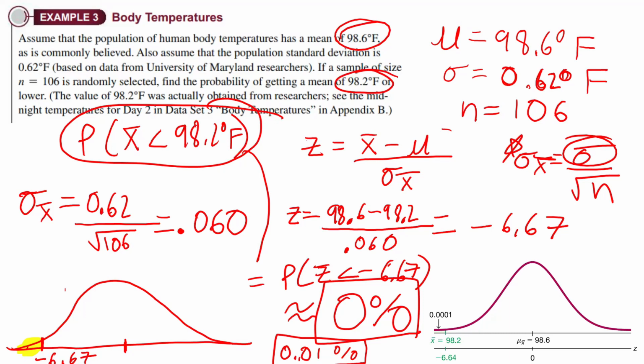Let's think about what this means. So let's say you are a biologist or you research human body temperature. I don't know why. You look, the literature says the mean human body temperature is 98.6.